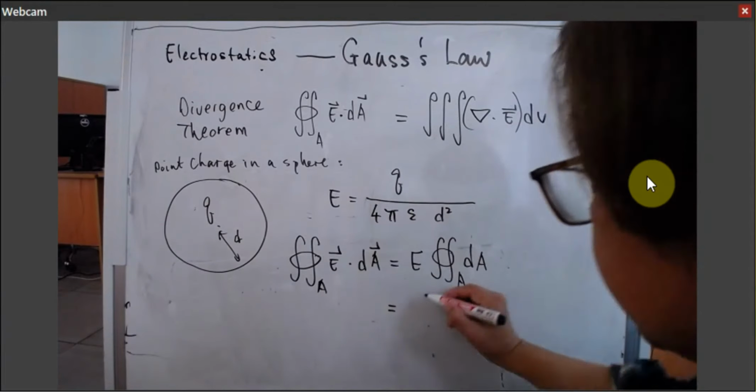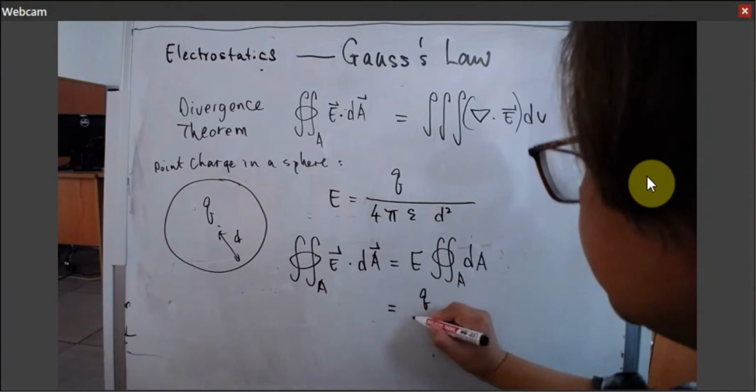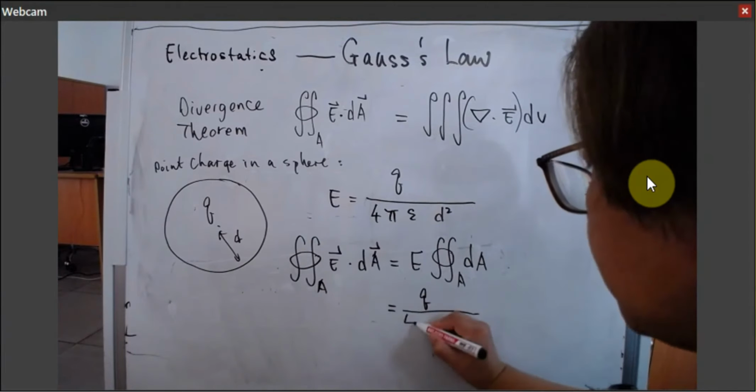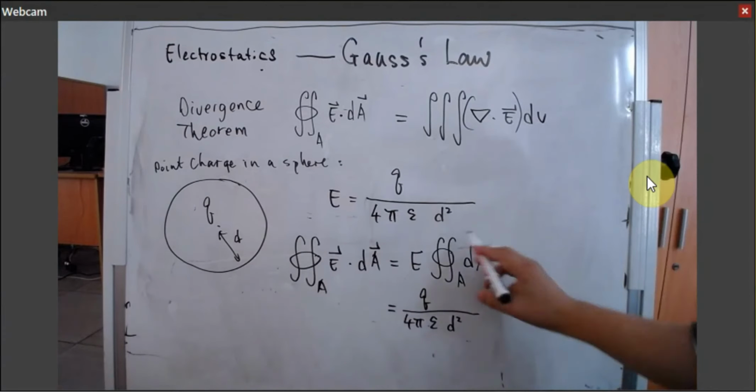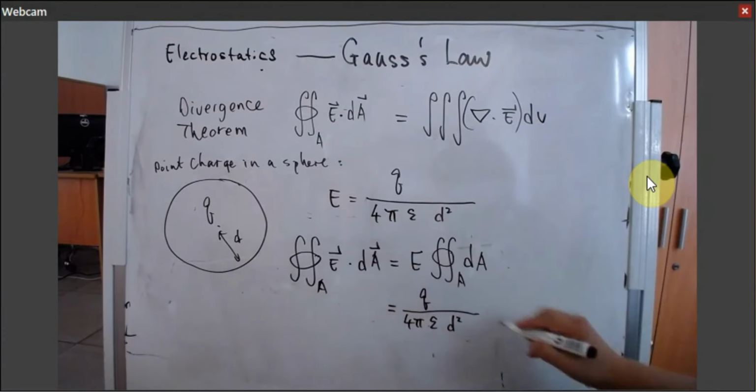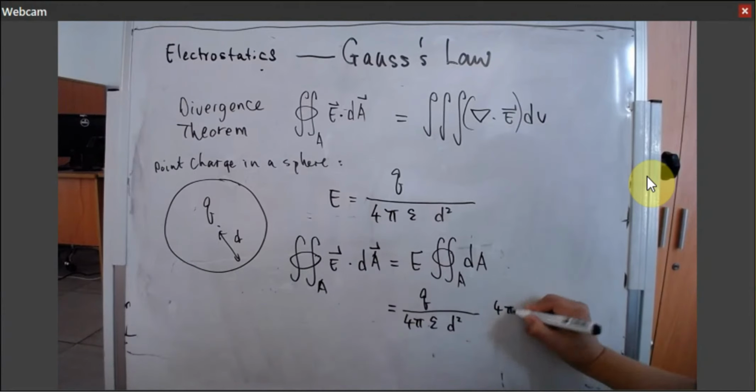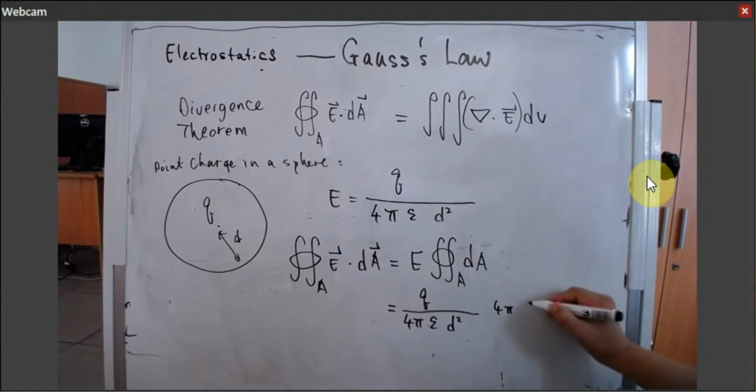According to the formula here, Q over 4 pi epsilon d squared. And what is the total surface area? That's simple: 4 pi d squared.